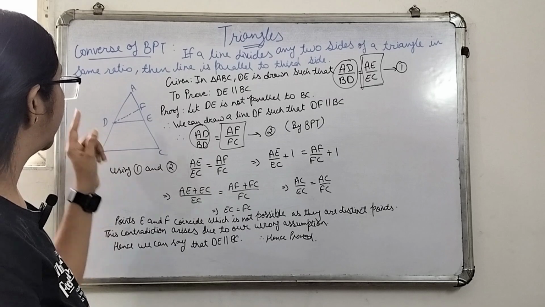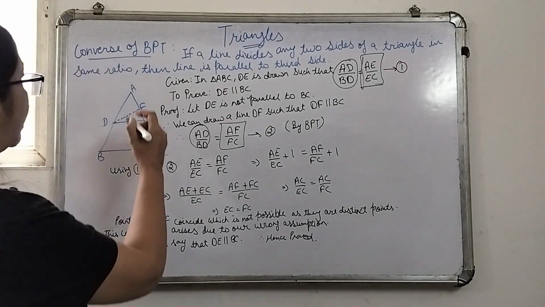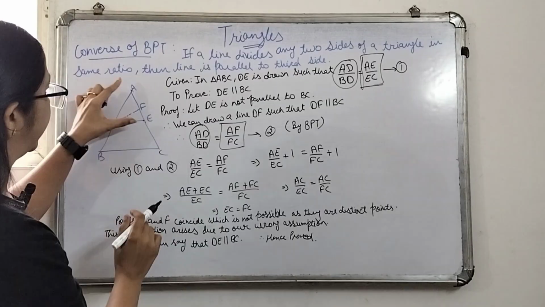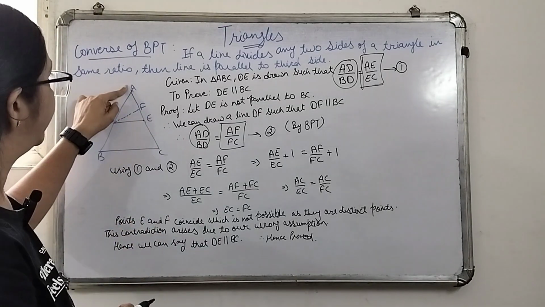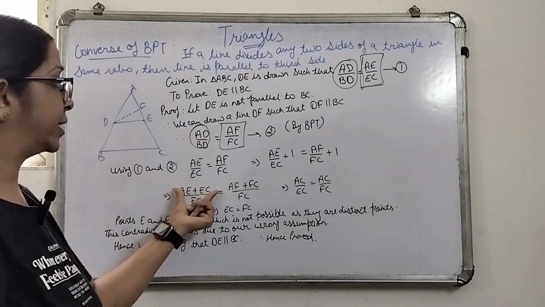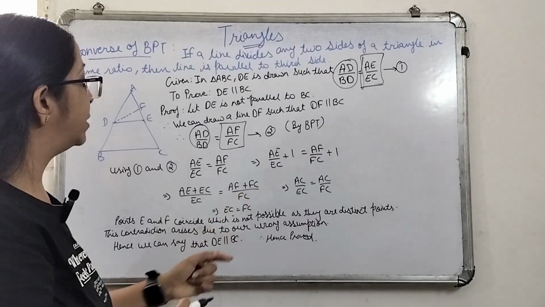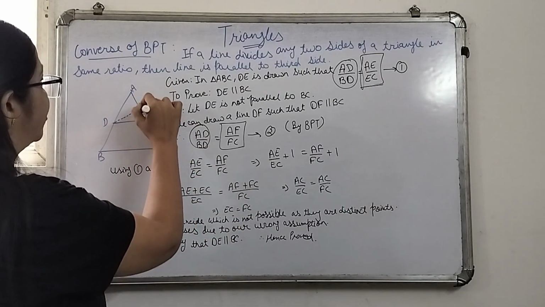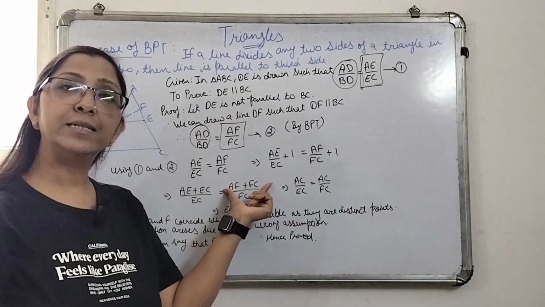Now if we look at the figure, AE plus EC can be written as AC. Similarly, AF plus FC can also be written as AC.